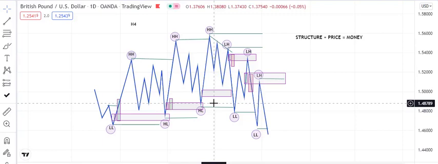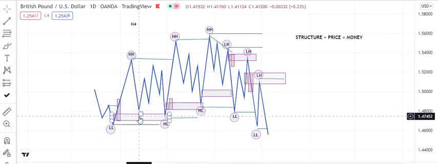Why is it? Now take the example here. Let us assume that you entered a trade here and you made 1 to 5. In smart money concept, your minimum risk to reward is 1 to 5. I do not go for anything less than 1 to 5. Do you understand? That's the minimum.